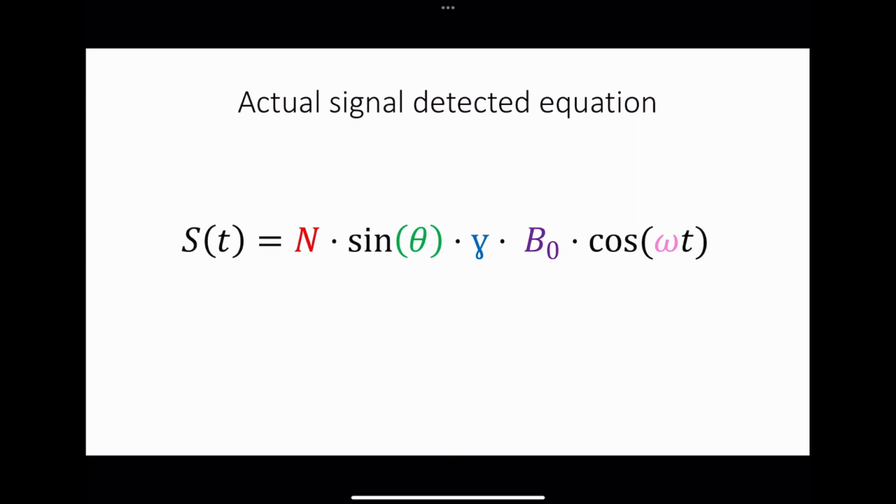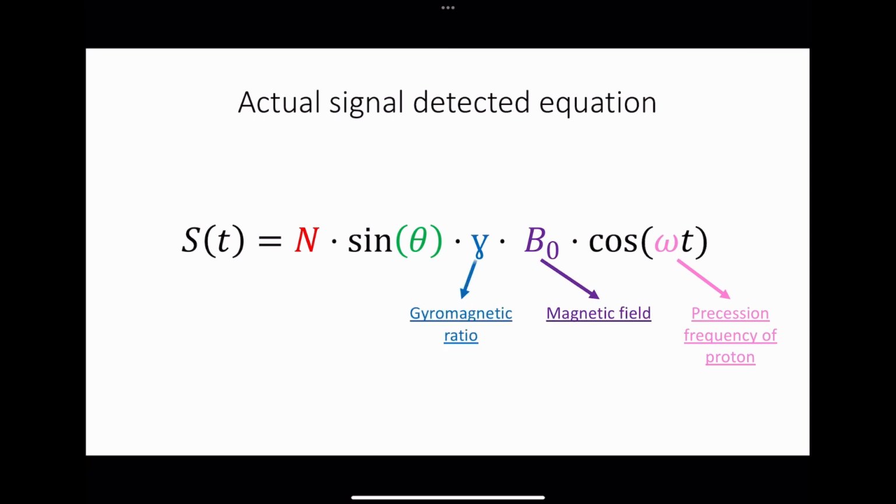So where does this equation actually come from? Let's start from right to left. As shown in pink, the rate of change of flux produces voltage. We know this already from Lenz's law. As flux changes more rapidly, the precession frequency increases, and so does voltage amplitude, which means a factor of omega needs to be put in front of the cosine omega t part of the equation.